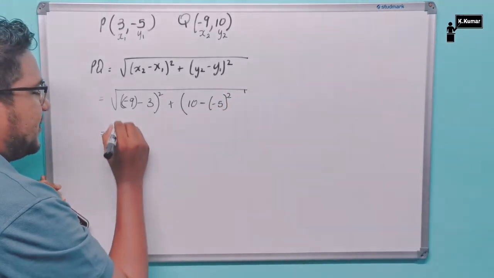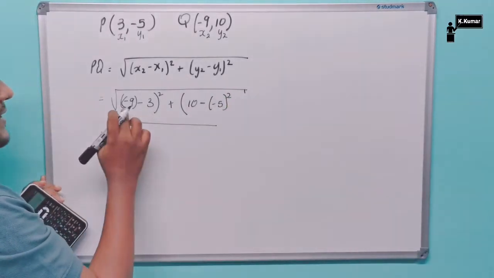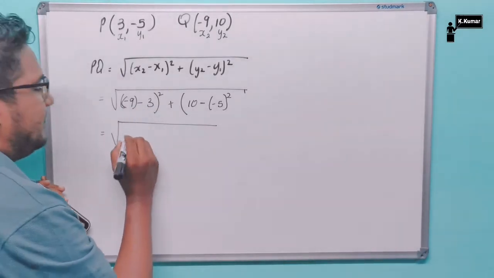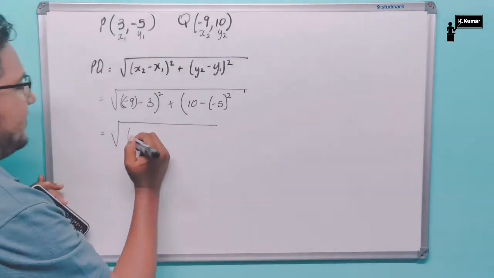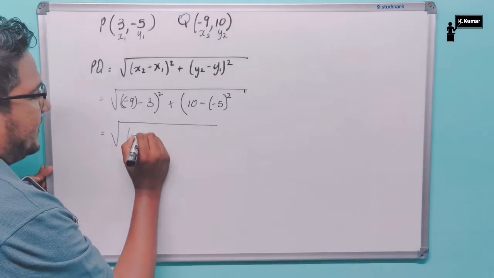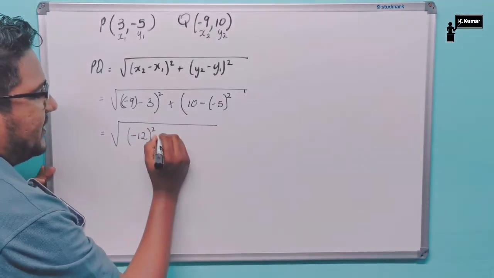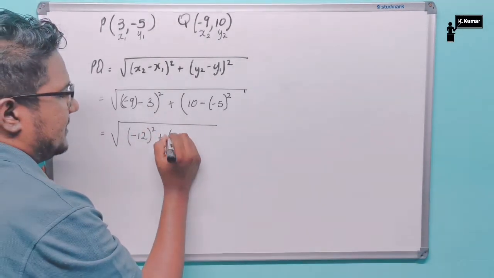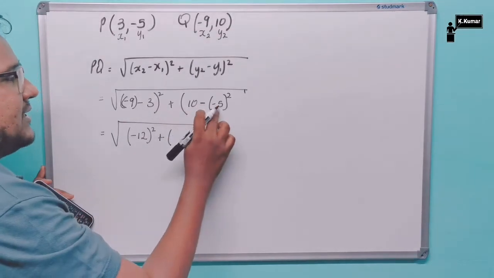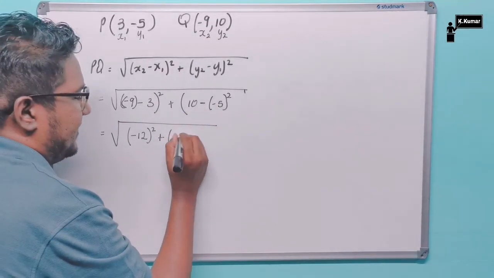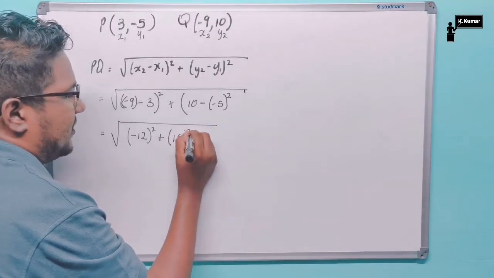This is going to be the square root of (-9 minus 3 is going to give me -12) all squared plus (10 minus -5 is going to give me 15) all squared.